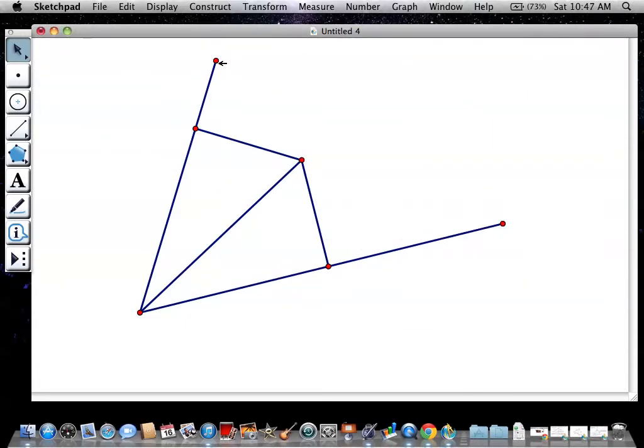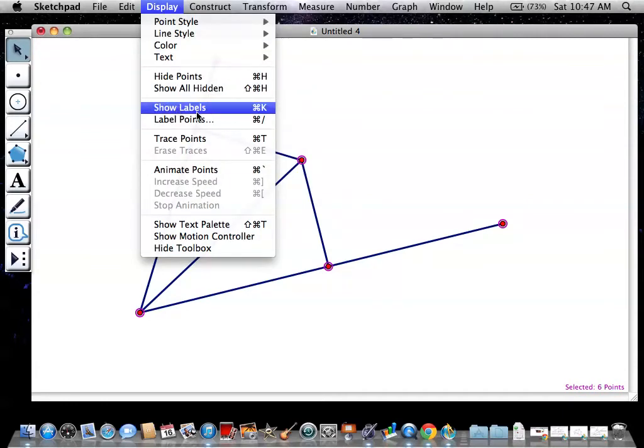So we look here. Let me label these points real quick. I have what looks to be a triangle, or multiple triangles.